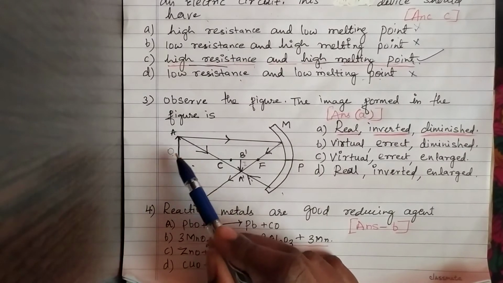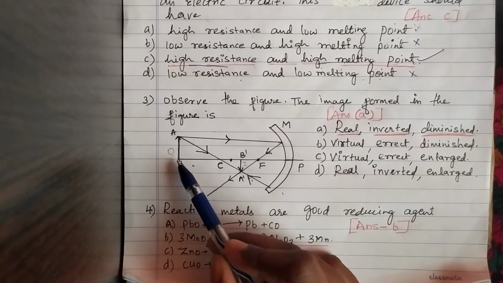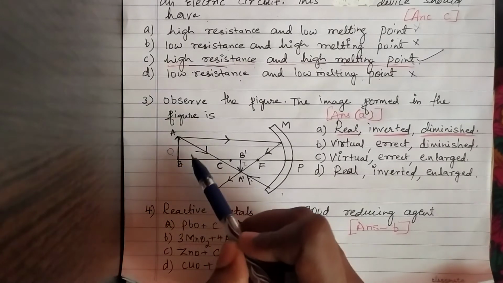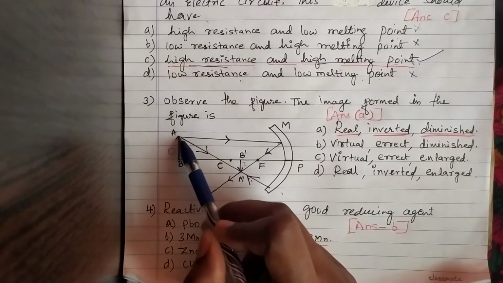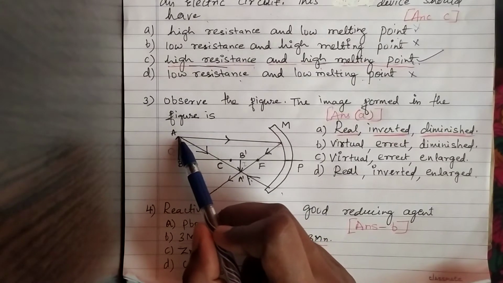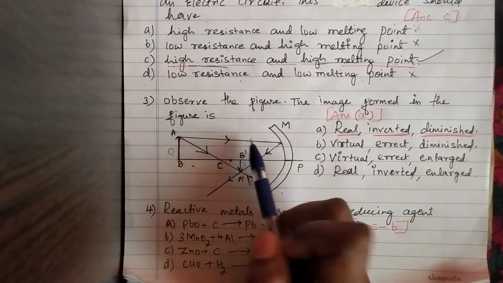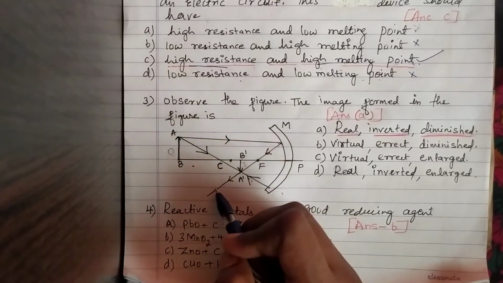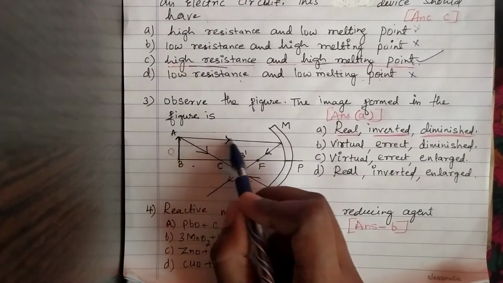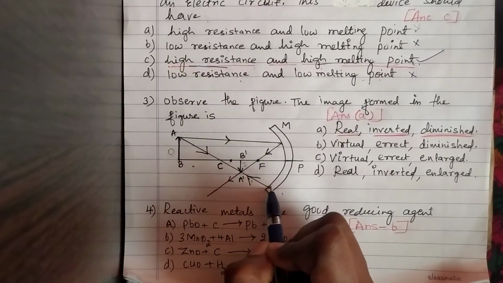The object is placed at a distance from the mirror, the object is AB, which is over here, and when the scattering of light takes place, the rays go towards the mirror and get reflected. So this is ray 1 and this is ray 2.